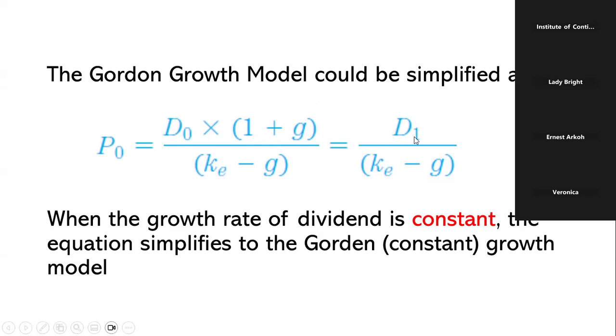So that is what we have written here. D1 over KE minus g. For constant growth. And I'm stressing constant growth purposely. When the growth is not constant forever, to infinity, you don't use this one. Okay, please copy this formula, and then we will move on to the next phase.